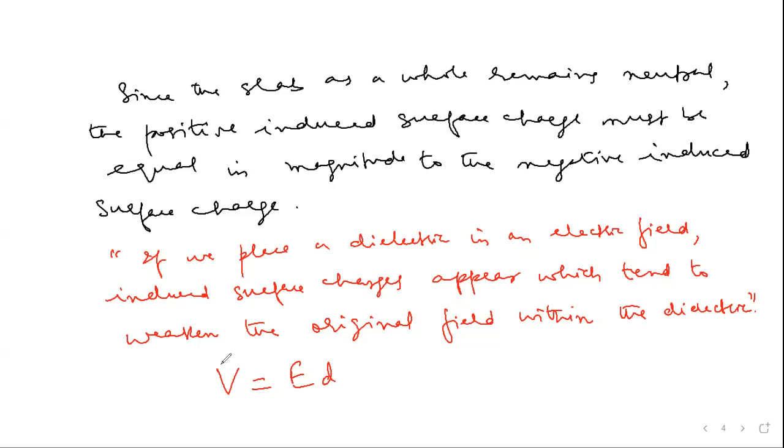This relation V equal to ED for a parallel plate capacitor holds whether or not dielectric is present. And this equation shows that the reduction in potential difference I had already discussed in the last lecture is directly connected to the reduction in electric field E as explained in this lecture.